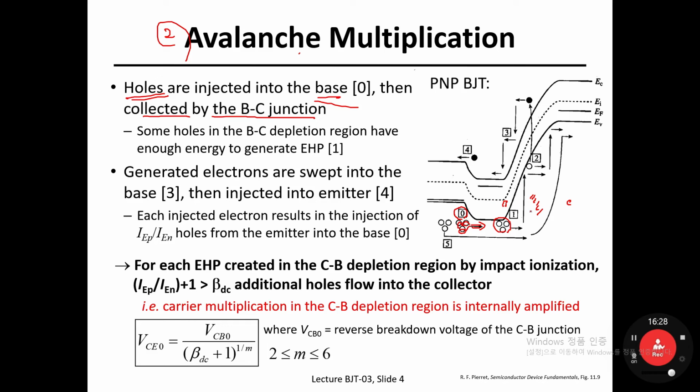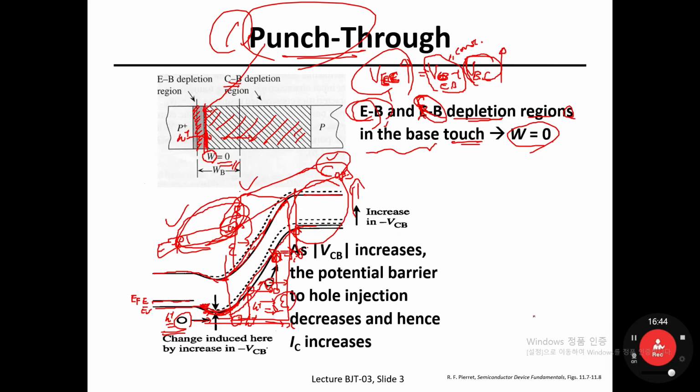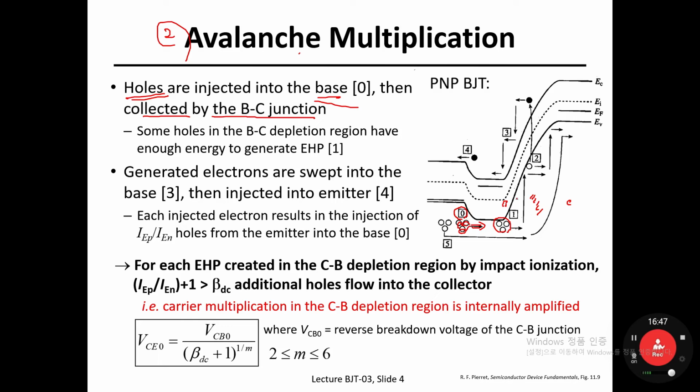Some holes in the base-collector region would have a sufficient amount of energy to generate an electron-hole pair. I mean, if your output voltage, go back to this slide, is very high, 80 volt, 100 volt, like that, then your bending is more. So for a given acceleration, or a given unit length that these holes have traveled, the total amount of kinetic energy to be lost is very high.